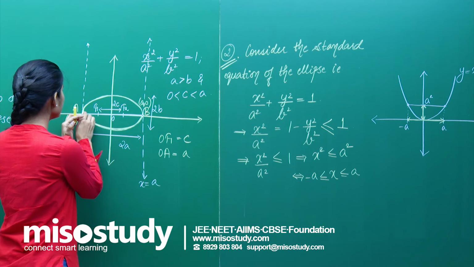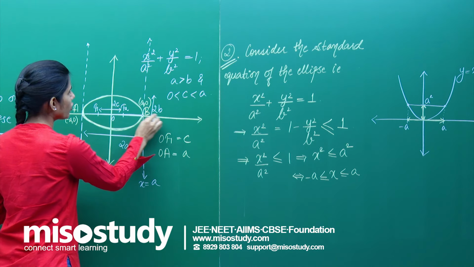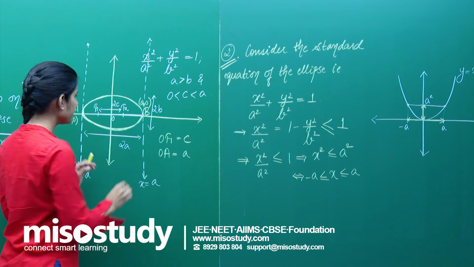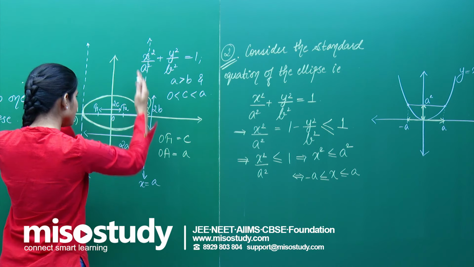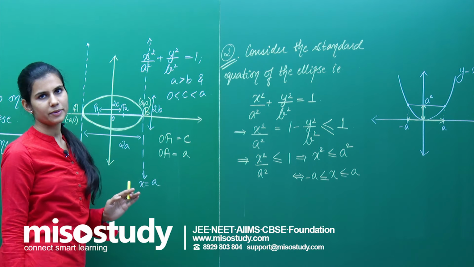Because x coordinate is not exceeding here and x coordinate is not exceeding here as well. That means x coordinate of all the points is lying between minus a and a. That means completely lying between x equals minus a and x equals a is my entire ellipse.